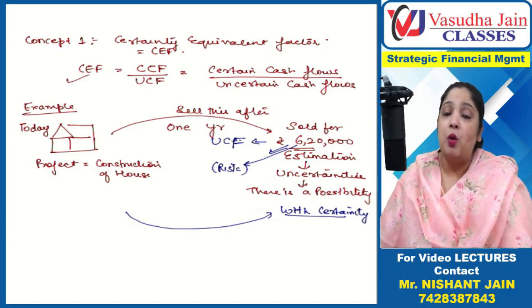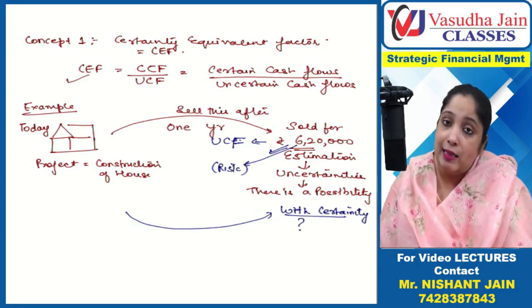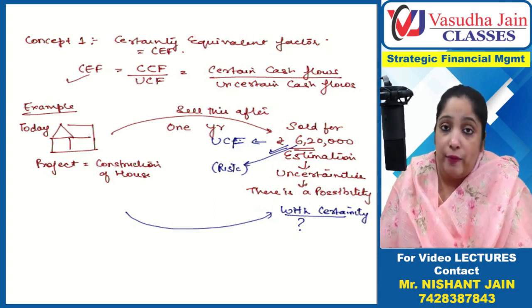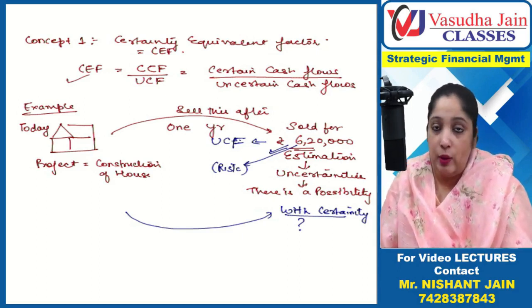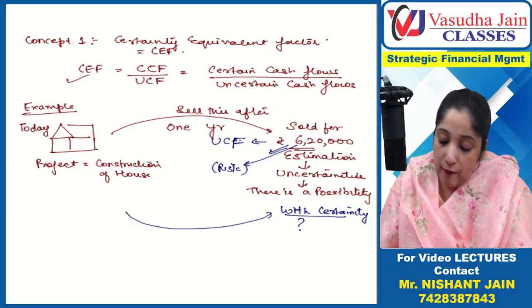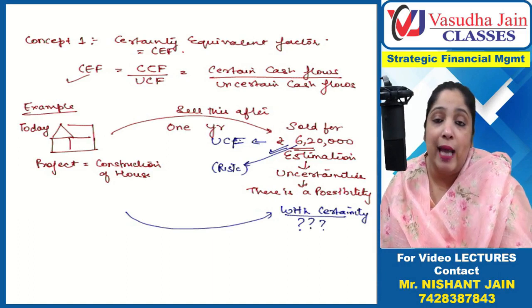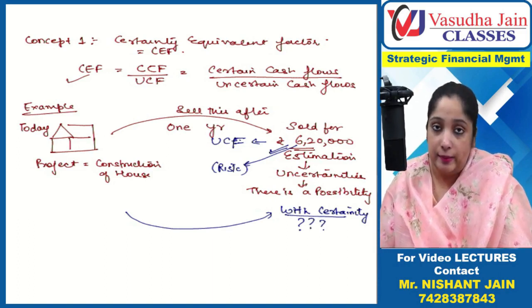So he is telling me, okay, I will purchase your house with certainty. Now the question is, will I be getting 6,20,000 rupees? No, because once you remove the element of risk, your value of money will decline. Okay, that we know. Now this amount is still pending. We do not know with certainty how much amount we will get after sale of the house with certainty.